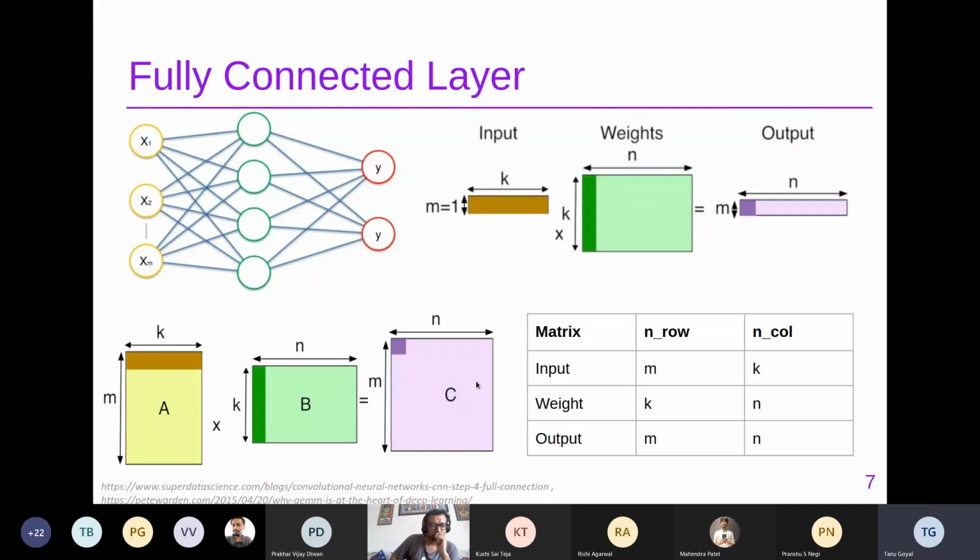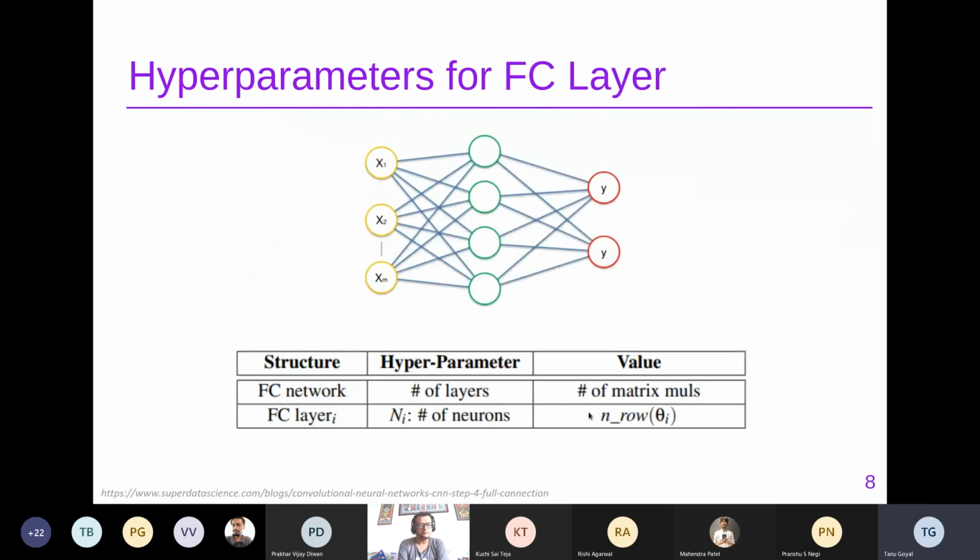We are looking into this because we'll later be using these matrix values to map to the DNN architecture values. For example, the number of layers in this deep neural network is 1. So if there are two different layers, we'll be having two different matrix multiplications. This is how we'll be converting the matrix parameters into the hyperparameters of the DNN architecture.